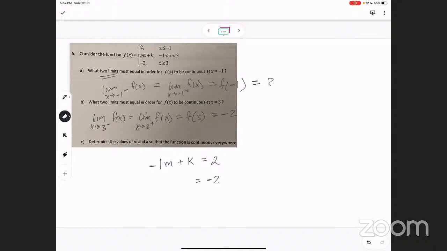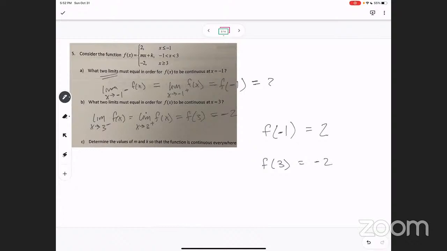No, start over. I don't think I did that right. Okay, let me start over. Let's do it this way. We know that f of -1 has to equal 2, right? And we know that f of 3 has to equal -2.